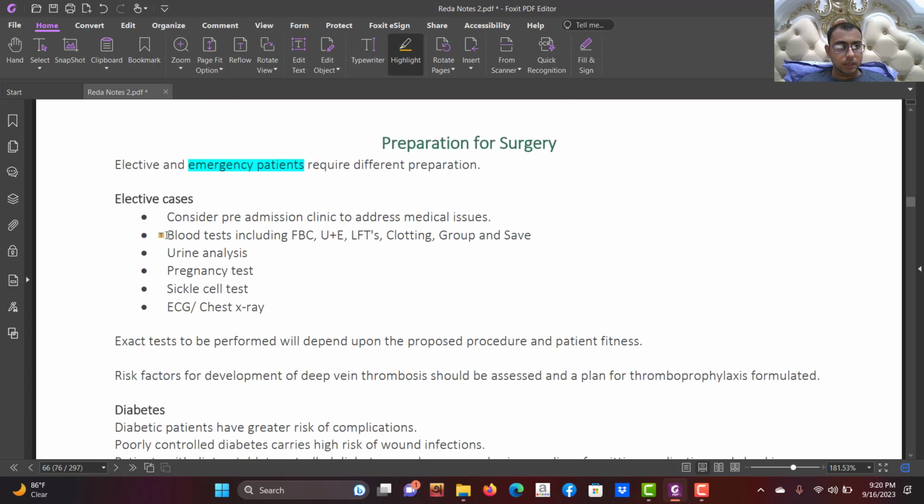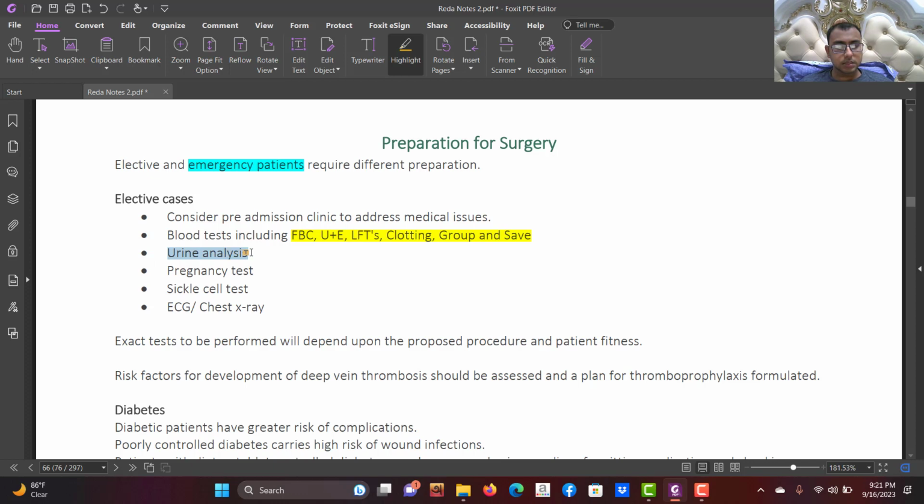Now in case of elective patients, first the pre-admission clinic addresses medical issues, that is history. Then we need to perform a full blood count, urea and electrolytes, liver function tests, bleeding and clotting time, and others.